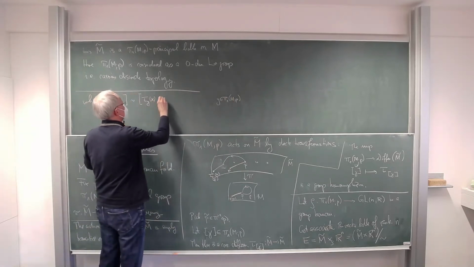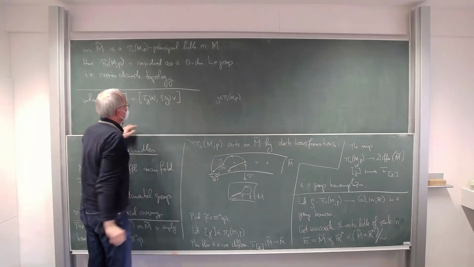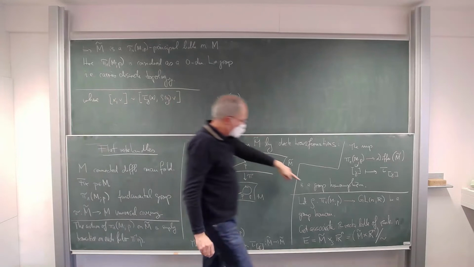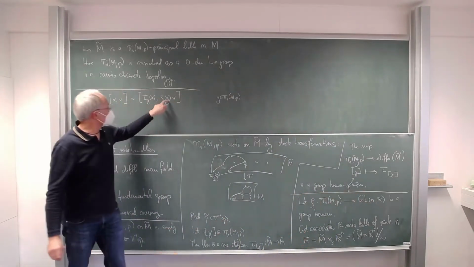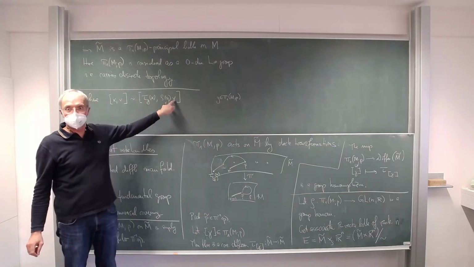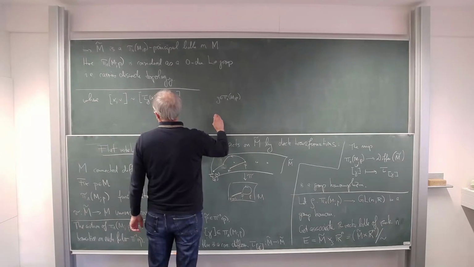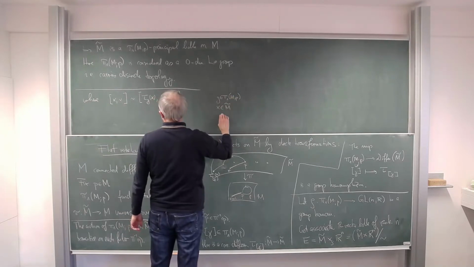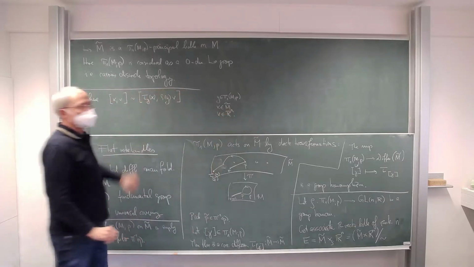And here I have rho(g) of v. So that is just rho corresponding to g, which gives me a linear map. I let this matrix act on the vector v. So this is for x in M tilde, g in the fundamental group, and v in R^n. So that's the equivalence relation.